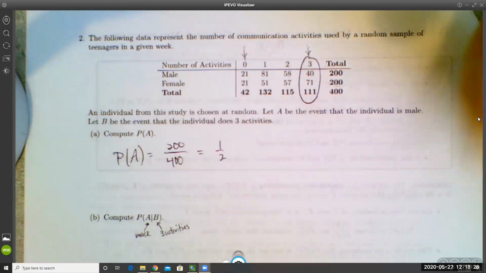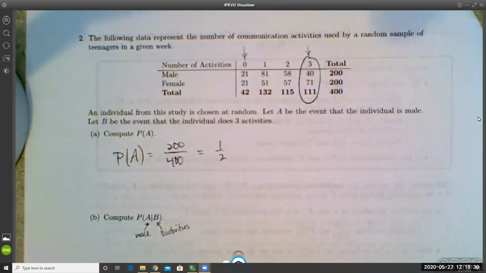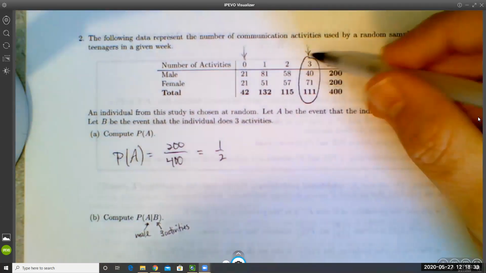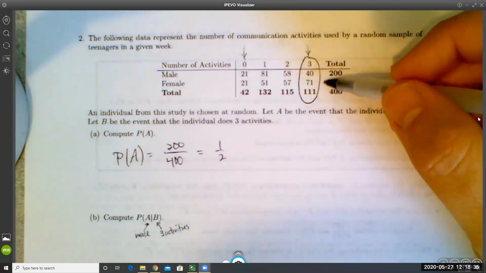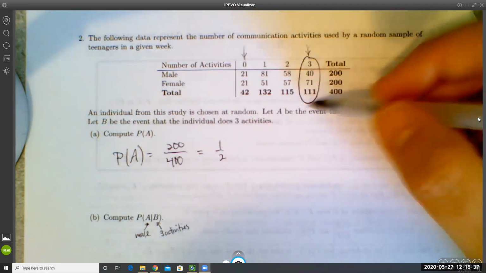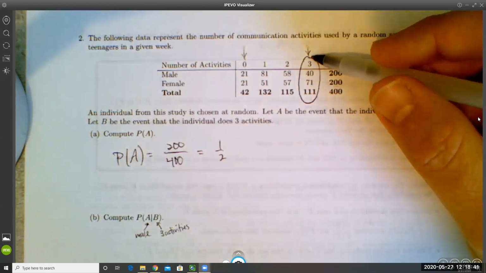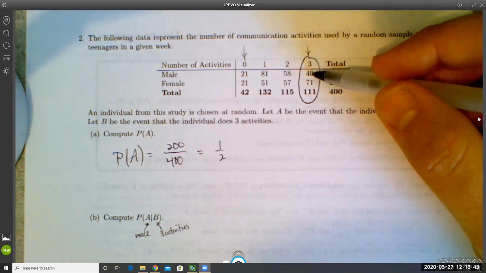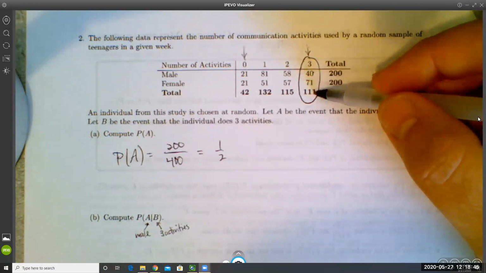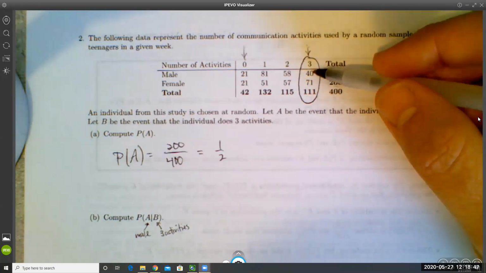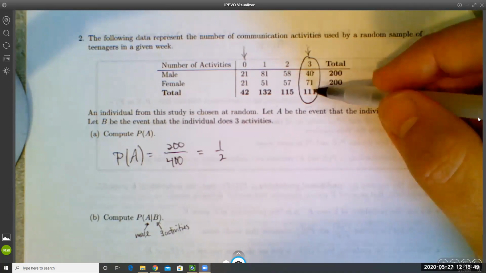We're not looking at the entire sample space anymore. We're only looking at the people who did 3 activities. And given that, what's the probability that they're male? That would be 40 out of 111. There were 40 males who did 3 activities out of 111 individuals in total who did 3 activities.